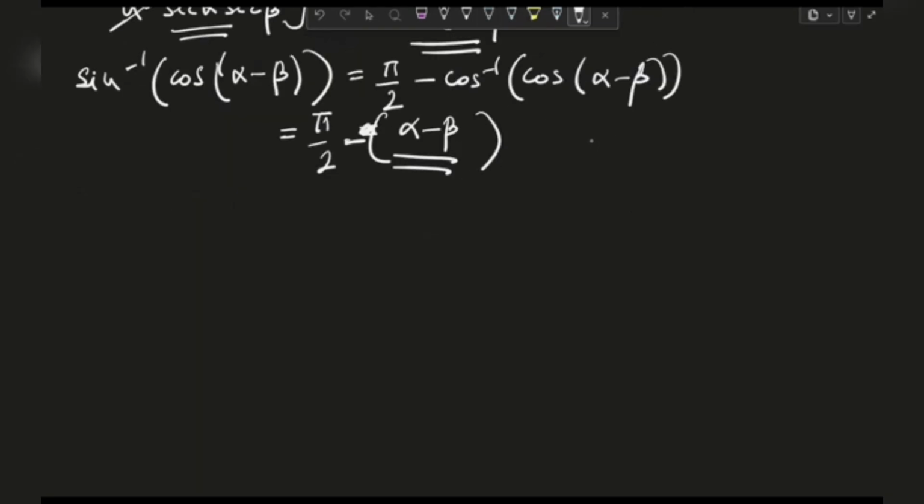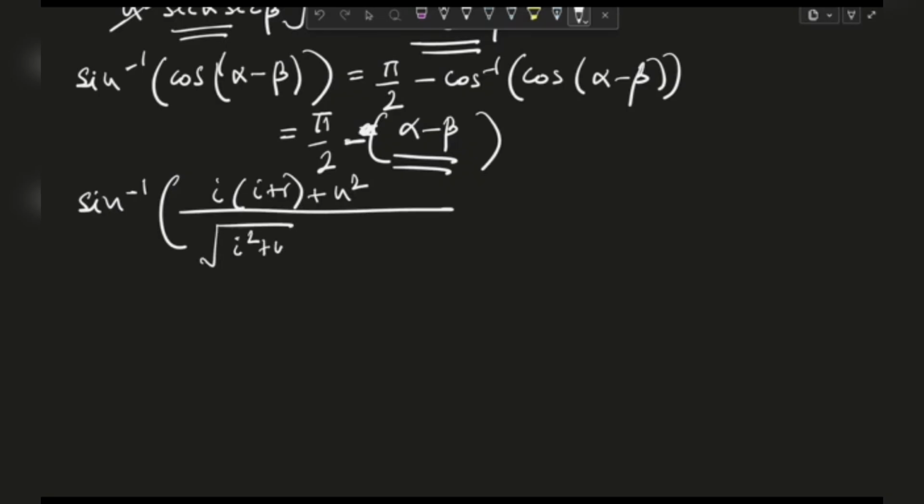Okay guys, before proceeding, I would like to share an observation that I saw right now. Basically I am going back to the initial expression, which was sine inverse of i into (i plus 1) plus n squared, whole divided by root under i square plus n square into root under (i plus 1) whole square plus n square.